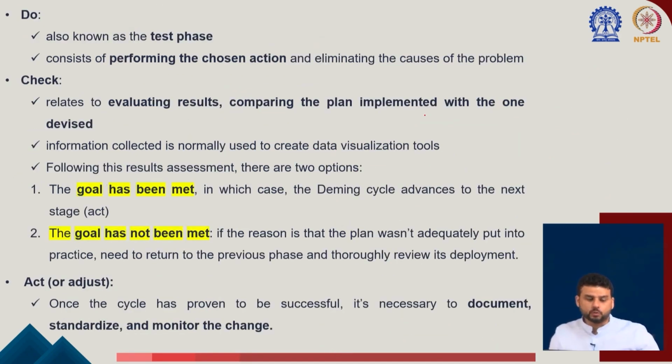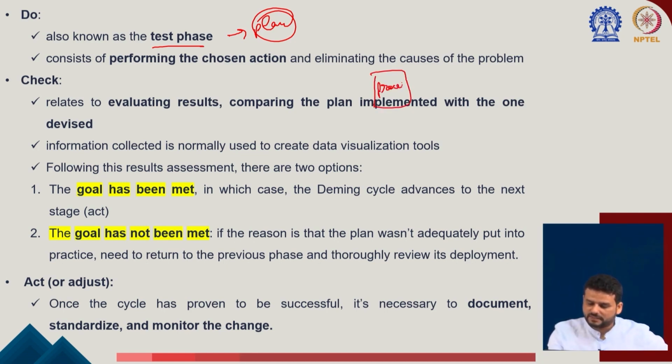Then second is do. Now, once we have planned, we need to test that plan. So, you need to test the plan, right. How can you test that? You need to actually perform as per that action. So, in a very simple way, if I try to conclude this, let us say I have some process.